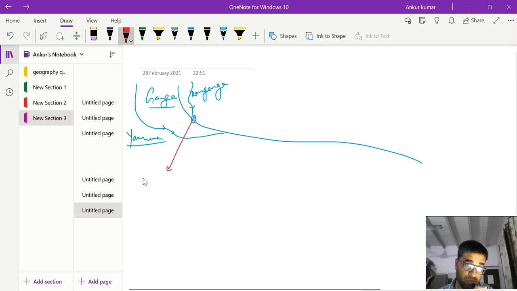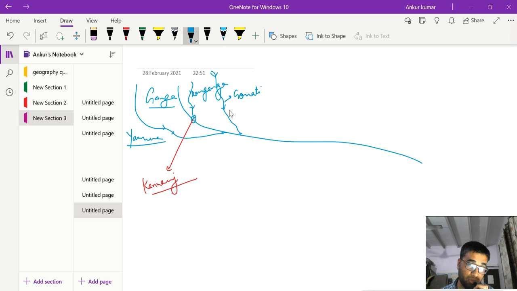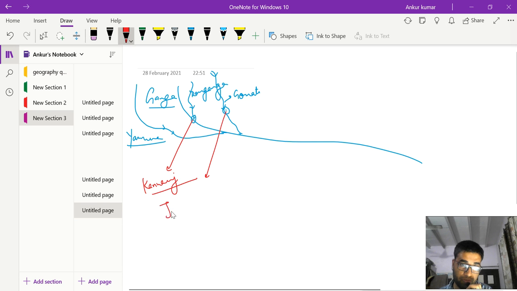So this is Kannauj, right. Moving on to the next tributary, Gomti. This is the Gomti River, right. And on the Gomti there is an important city, that is Jaunpur. So this is Jaunpur.